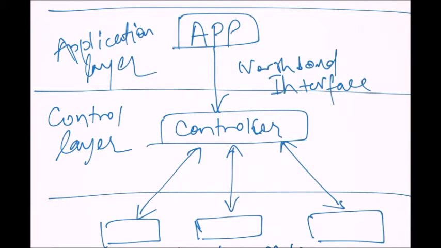So the architecture of an SDN network consists of the infrastructure layer, the control layer, and the application layer.